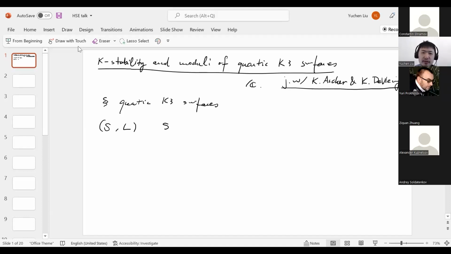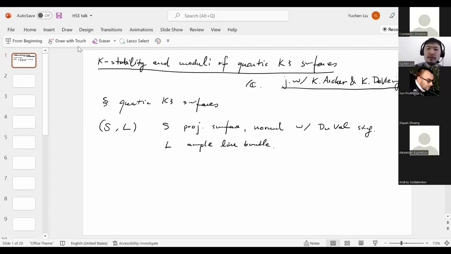So here S is a projective surface, and we assume it is normal with a singularity condition, which is Duval singularity. And then here L will be an ample line bundle. So this will be a so-called polarized surface pair.